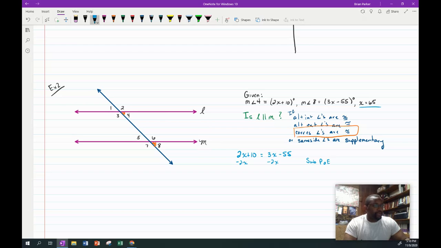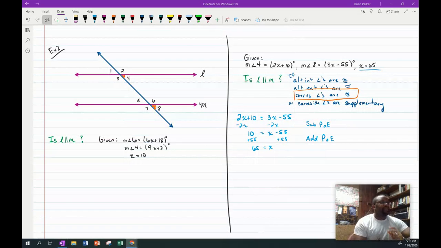And we'll end up with 10 on this side equals x minus 55. And then we'll add 55 to both sides. That's the addition property of equality. This is algebra stuff, right? And you'll get 65 equals x. What if we tried this? I'm glad that worked.